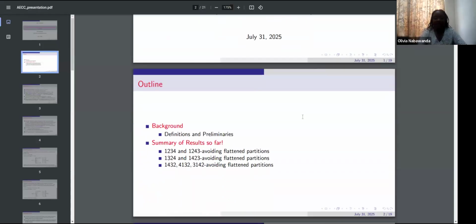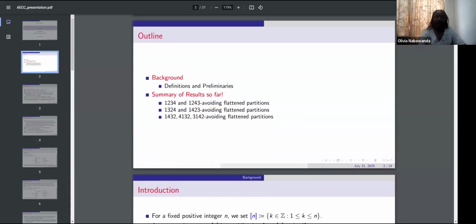Okay, so this is how I'll move. I'll begin with some background or introduction, and under this I'll basically look at the definitions and the preliminary knowledge or work that has been done, which led to the problem that I'll be presenting to you about.